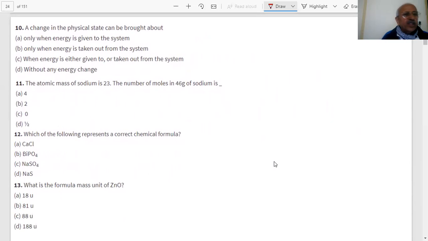Next question, student. On the screen, a change in the physical state can be brought about only when energy is given to system, only when energy is taken out, only when energy is either given to or taken out from the system, without any change in energy. Change in physical state is brought about, students.